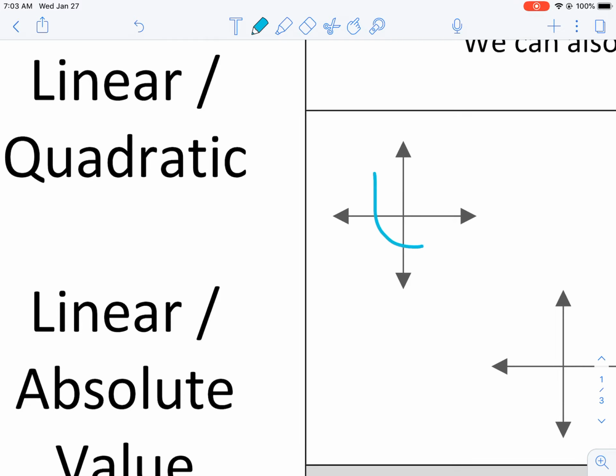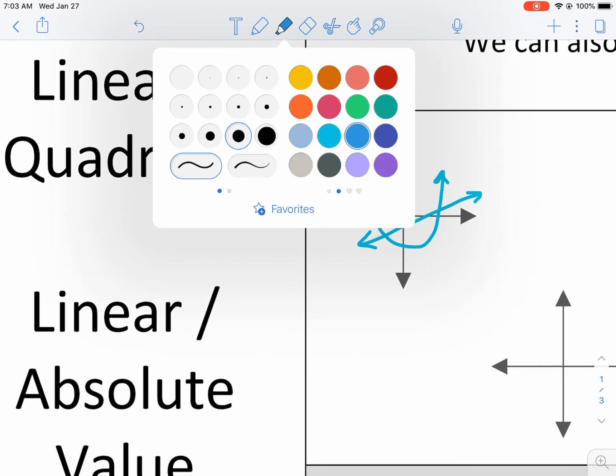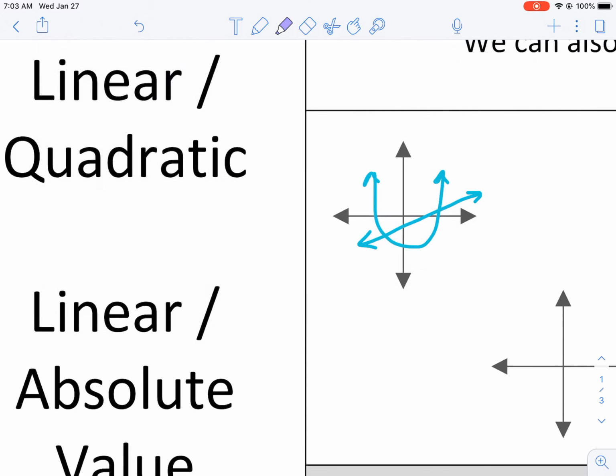If you remember, a quadratic is a U, right? If that's one of our graphs and then we also had a line, this would have two intersection points. So we got one right there and one right there.